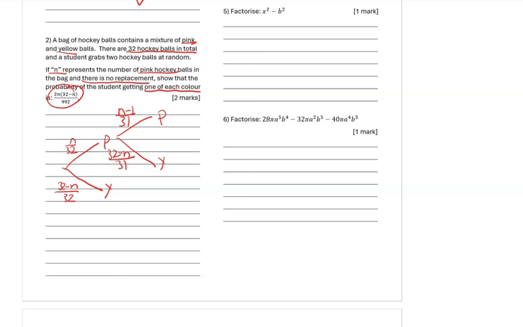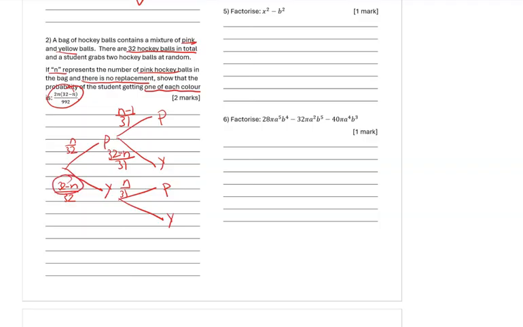I'm now going to repeat again. I think I'm going to run out of room here. So we've got pink and yellow as the second possible options. There were N pink hockey balls, and we drew a yellow one, so there's still N pink hockey balls. That's going to be N over 31. The 32 has dropped to 31. And there is now one less yellow hockey ball.